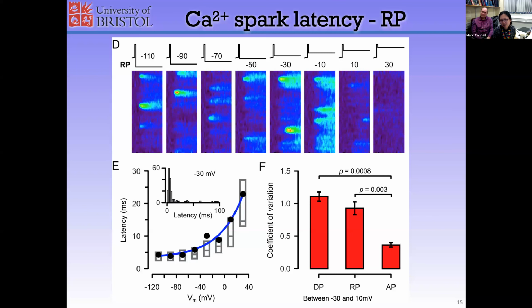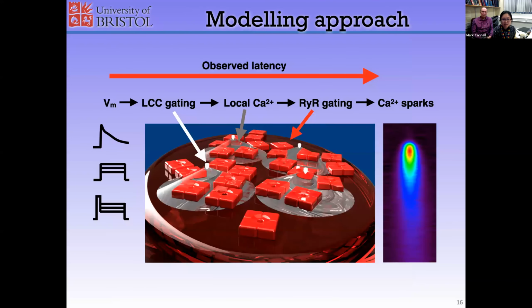So to understand why this is, and to answer the questions that Mark proposed earlier, we developed a detailed computer model of HCC. This model includes various processes, some of which we control. So of course, VM, we control the form of that.